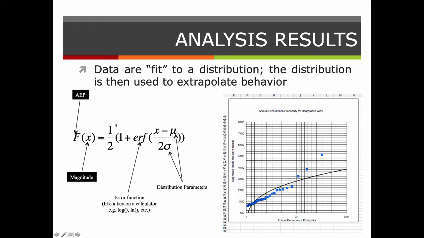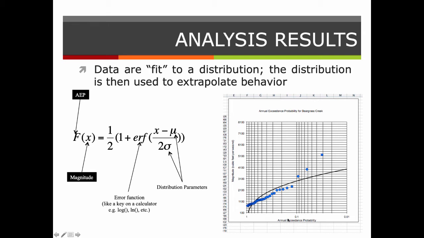And we now have a cumulative density function, which has a quantile, which is a probability. Think of that as a magnitude, and the probability of that magnitude is equal to 1/2 times 1 plus the complementary error function of x minus mu over 2 sigma.